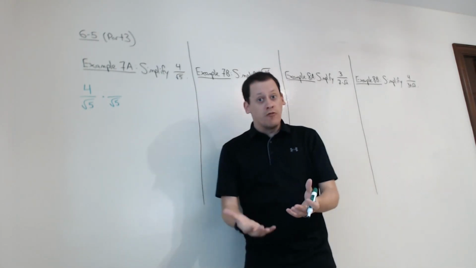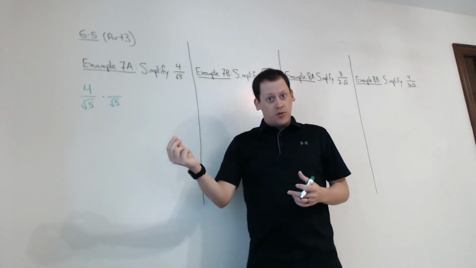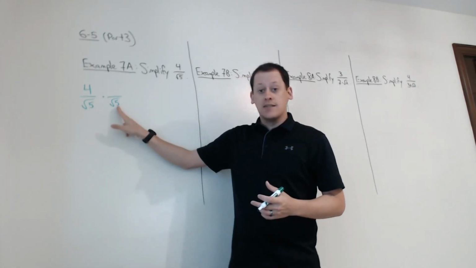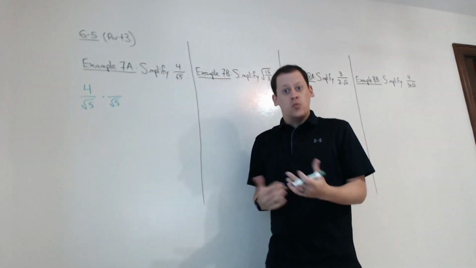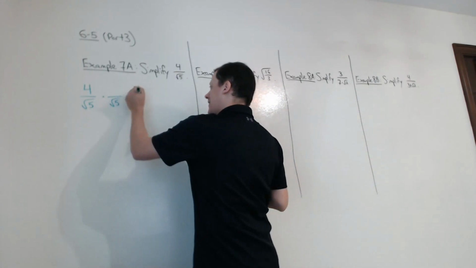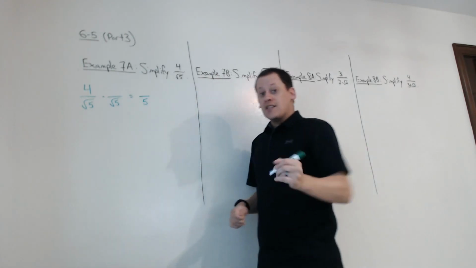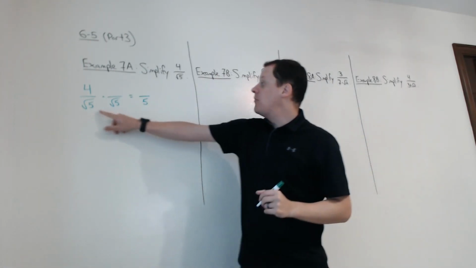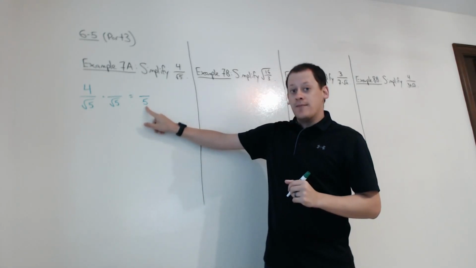Well, remember from our rules, if we have two things in square roots and we multiply them together, we actually multiply the numbers inside. That becomes the square root of 25, which would just be 5. So that's what would happen on the bottom of the fraction. See, by multiplying it by itself, it becomes a whole number.